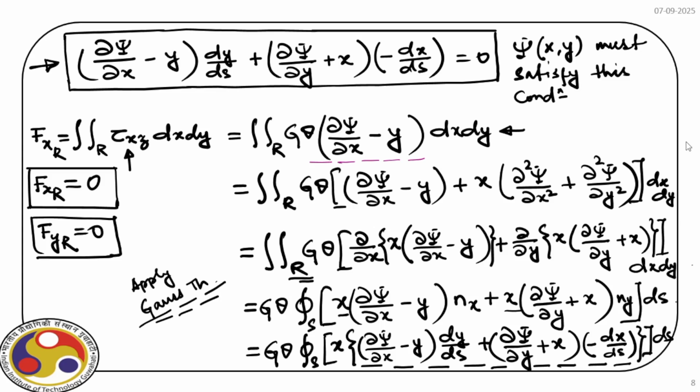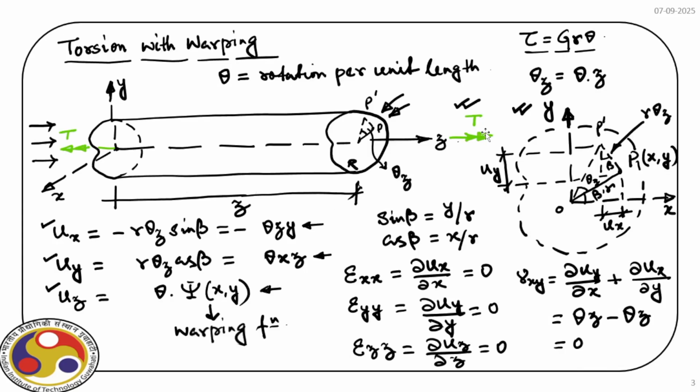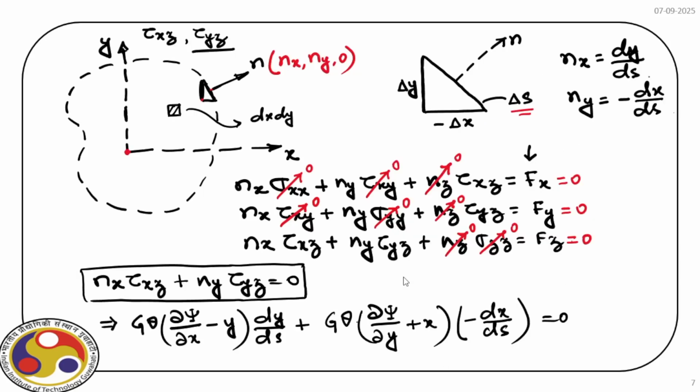So what are we left with? We are left with the torque that we apply, and let us also quantify the torque, right? At the extreme ends, we apply this torque capital T that we can quantify. For that, again we consider this differential area, and from that we can find out what is the net torque applied. So let us do that.